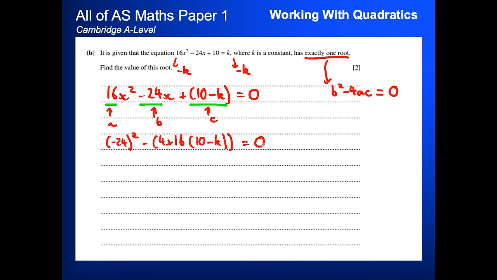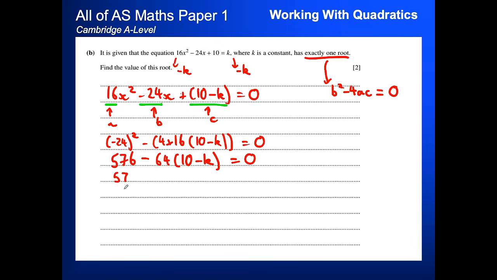So again, we can use a calculator here. So I'm just going to do minus 24 squared very quickly. That's 576. Again, don't do that mentally. Minus 64 lots of 10 minus k is equal to 0.